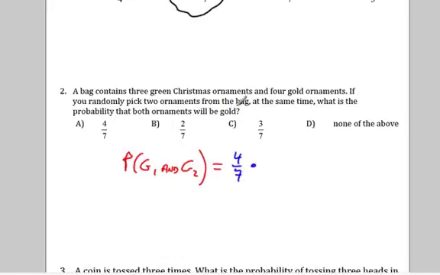And then after the first one is drawn, the second one will be a probability of 3/6. And that's the same thing as 4/7 times a half, which is 2/7. So the answer is B.